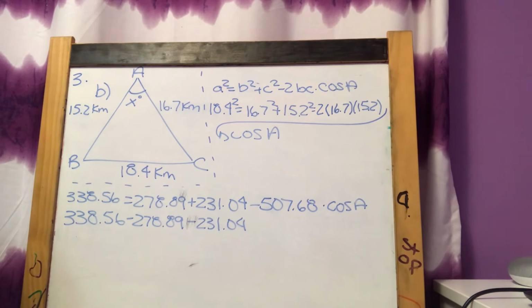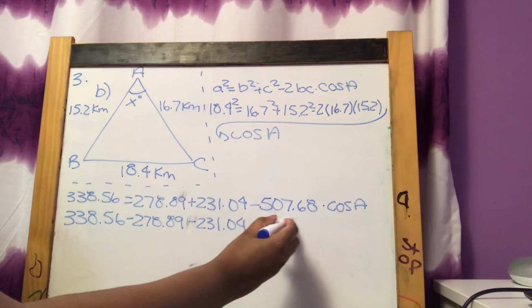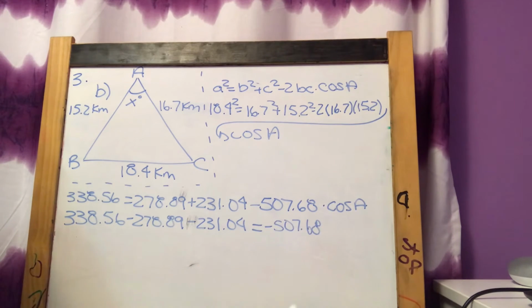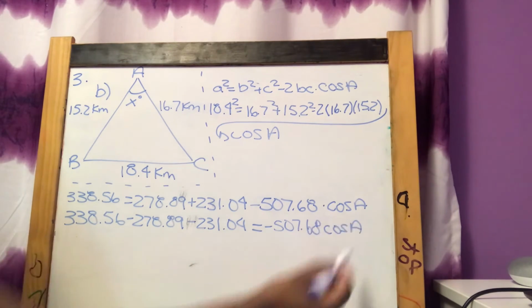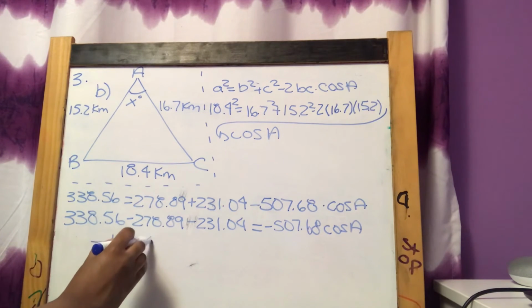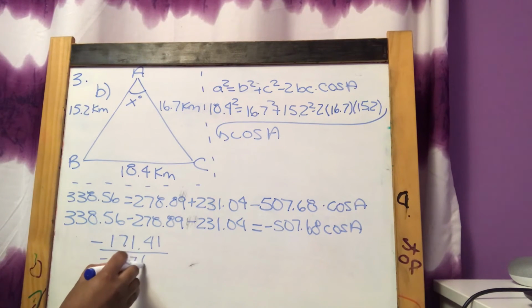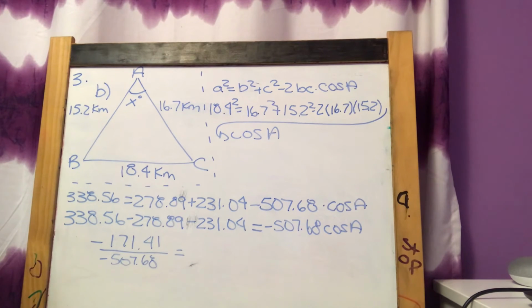And then I'm going to make it equal to negative 507.68 cos of A. So now that we're doing the left side of the equation, all of these equal negative 171.41. And then I'm going to put it over negative 507.68 just to get the right number.